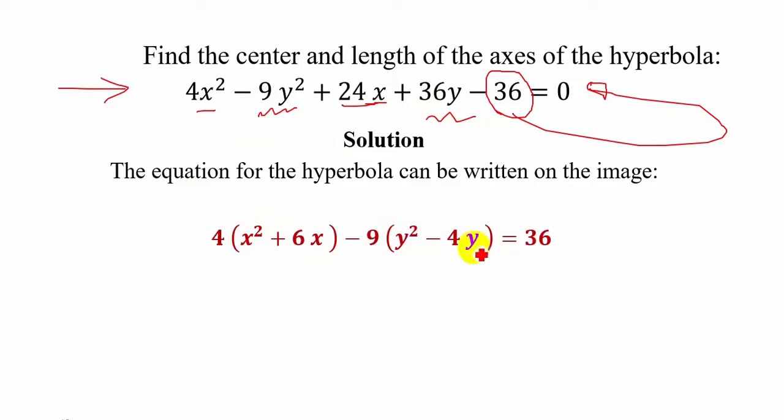One more step forward, this 9 and 36y and this y square, so I got a common factor y, 9, and this one I got common factor 4. So now I isolate x square, just only x square. Now you are in the right way and in the right step to get the formula.